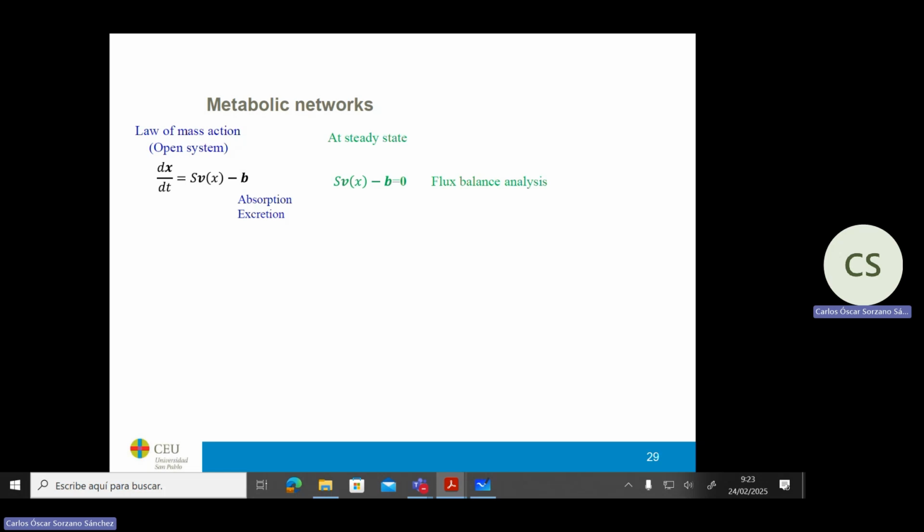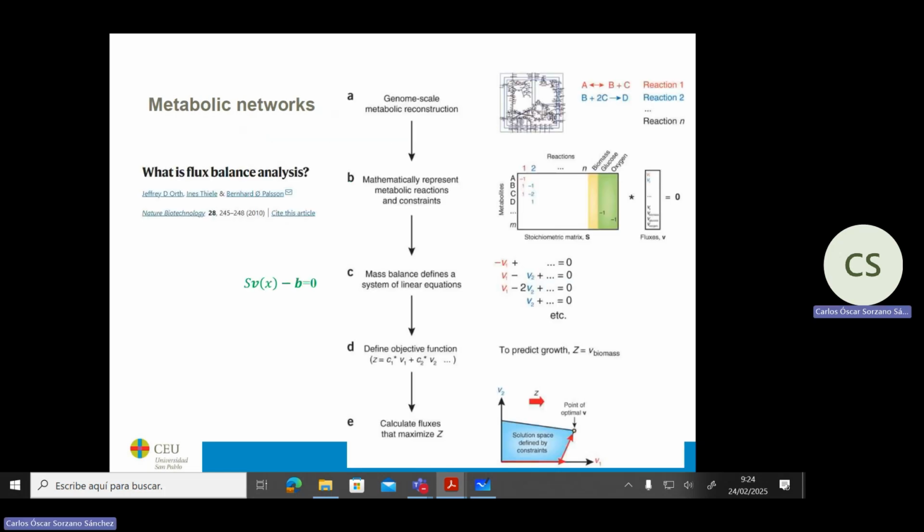And this family of methods that analyze systems at a steady state are called flux balance analysis. They're also very much used. And here you have Bernard Palsson, a very well-known person in this flux balance world. And here you have a paper in which he describes it.